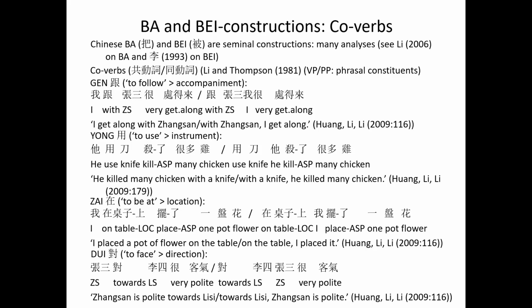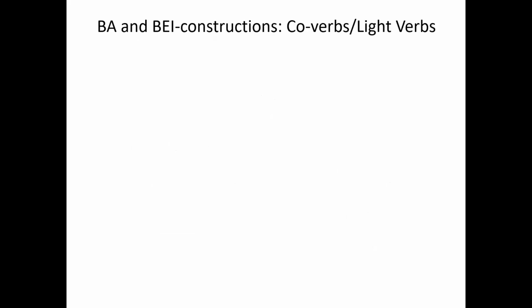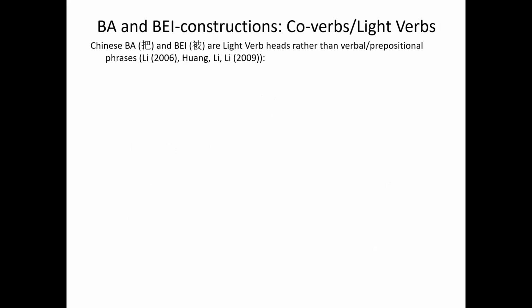We can say 对李四张三很客气. All right, so in all of these co-verbs, they have verbal and prepositional properties, and we can prepose the entire phrase, which seems to indicate some constituent boundaries where the co-verb and their objects form one constituent. But bǎ and bèi are a little bit different.